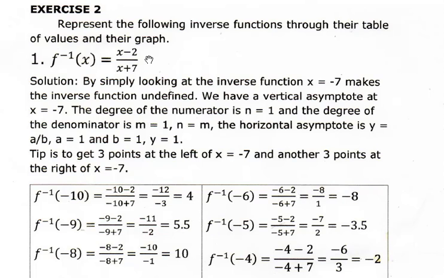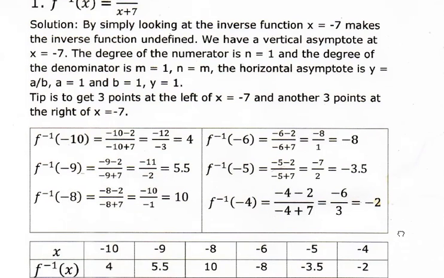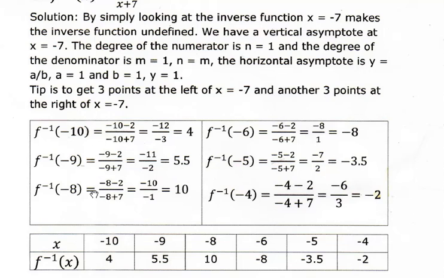So we have to get 3 points on the left and on the right. I have chosen negative 8, negative 9, and negative 10. That's 3 points to the left of x equals negative 7. And to the right of negative 7, we have negative 6, negative 5, and negative 4.